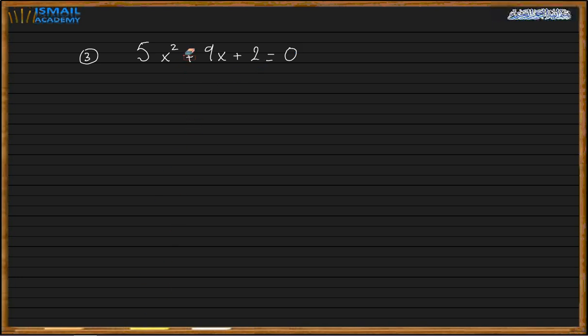Let's make it minus. The same thing: my discriminant is minus 9 squared minus 4 times 5 times 2, which is 81 minus 40. So it's going to be 41.